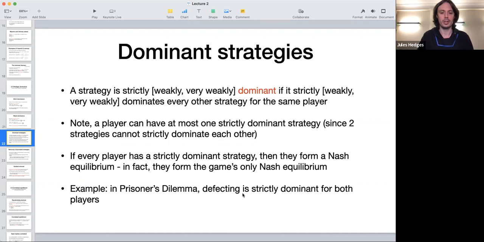You can check that for each player, no matter what the other player does, they will always prefer defecting to cooperating. And indeed, the game has exactly one Nash equilibrium, which is both players defect.